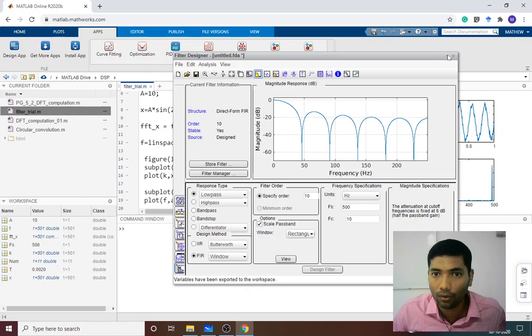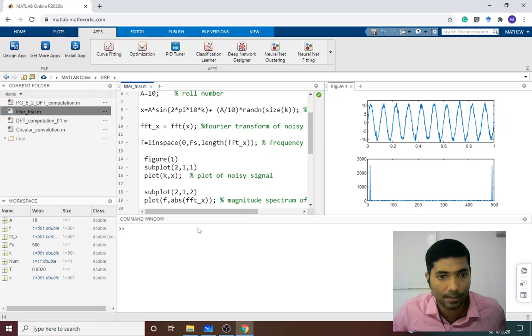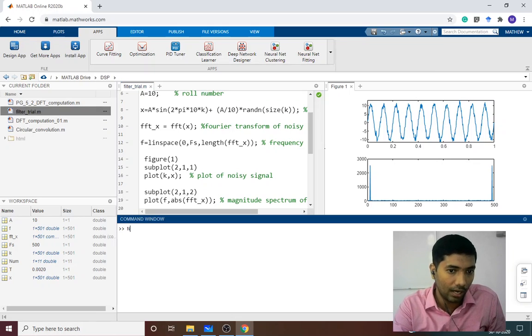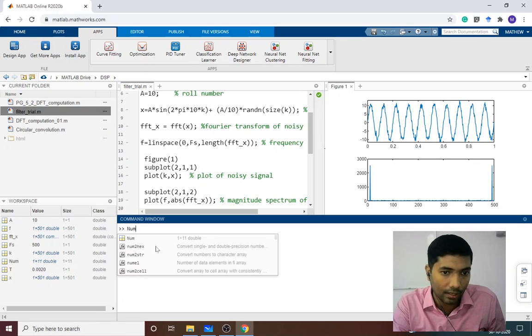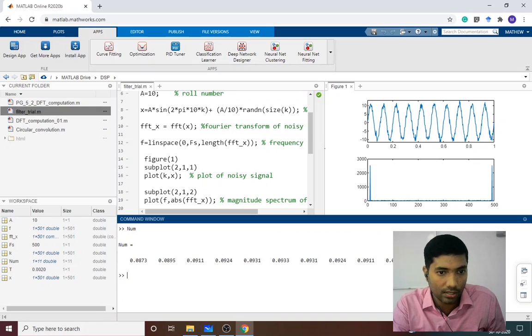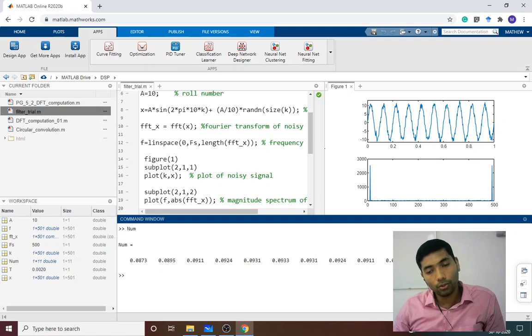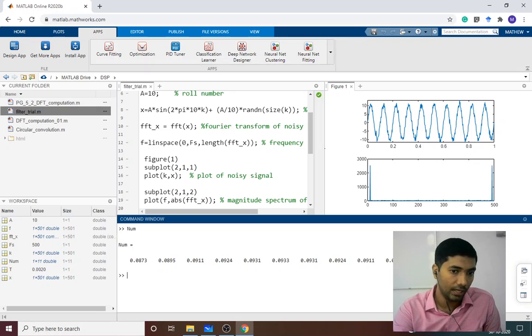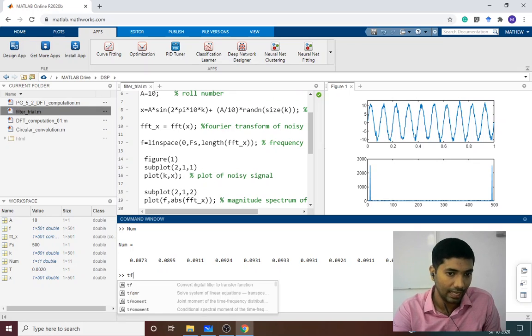Now let me minimize this. Let me write NUM in the command window to see what this filter is. You can see that these are the coefficients of the filter. Now how do we see the transfer function of this particular filter? In order to see the transfer function, you can use the transfer function command, that means TF.